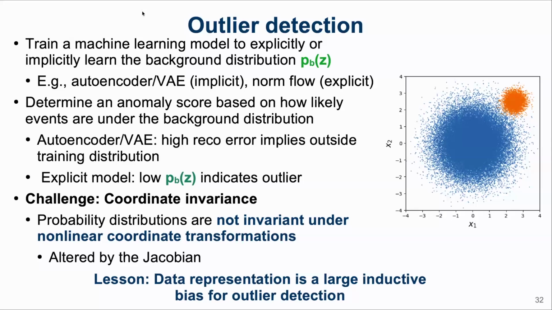Whatever data representation you're using to learn the density, and then saying that low density means anomalous, is a really large inductive bias you're applying for where anomalies are going to show up. You're saying that in this data representation, anomalies are in the tails of the distribution, which maybe is a reasonable assumption, but it depends on what variables you picked and how you choose to represent the data.